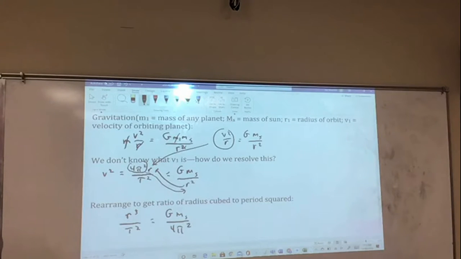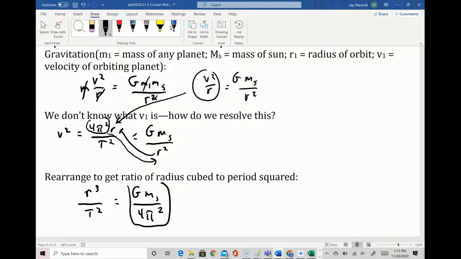Okay, what type of a value is that? Does it ever change? It's a constant, right? Check that out. The distance to the planet cubed divided by the square of the period is a constant. And the only thing that constant depends on is the mass of the sun.